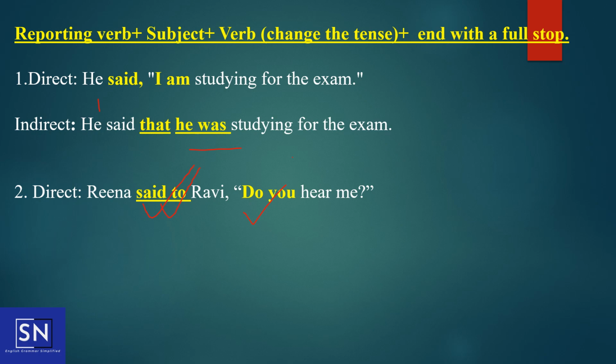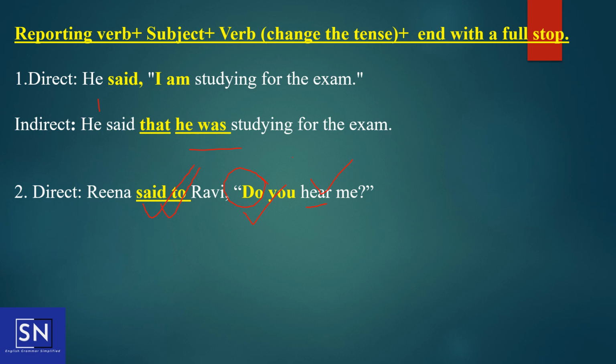Many make mistakes when changing do to did. This is incorrect. If there is another verb following do, for example, here, H-E-A-R, the main verb is here, which should be changed to its past tense form, heard.